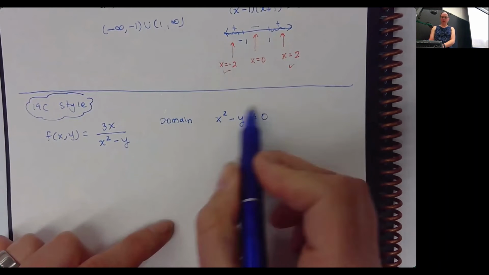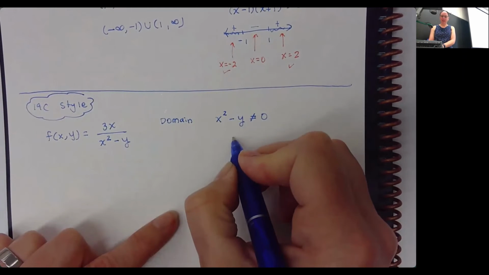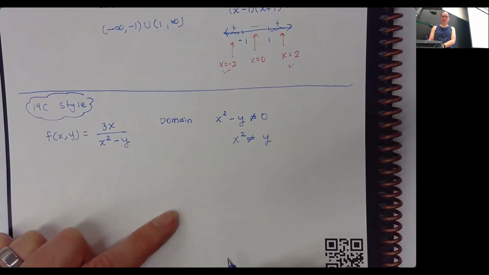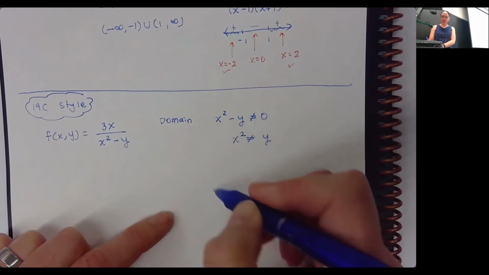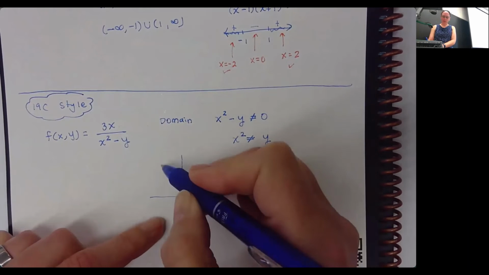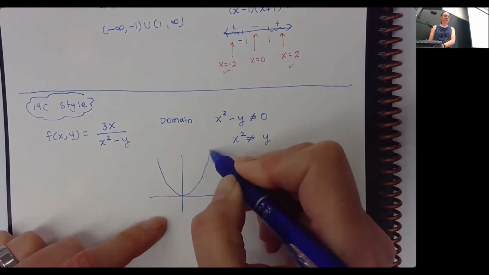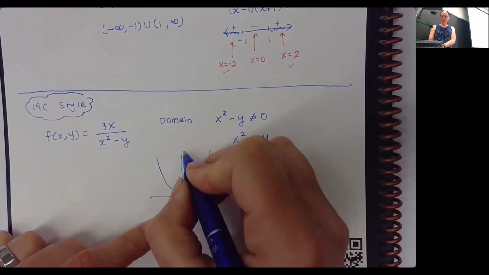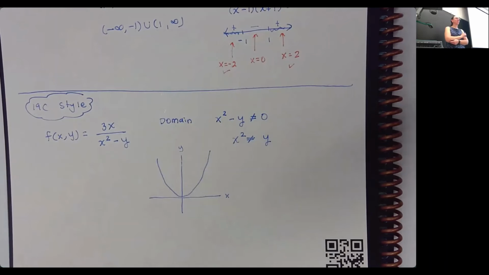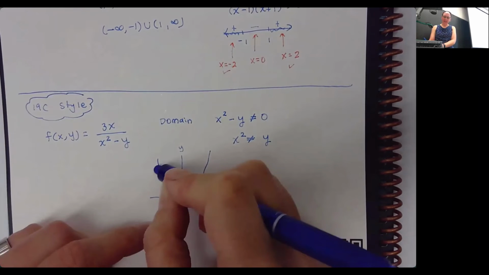So if I think about this, that's the same as saying x squared cannot be equal to y. So a sketch of that domain would end up looking like drawing y equals x squared. And then to show that it cannot be equal to, we make that a dashed line.